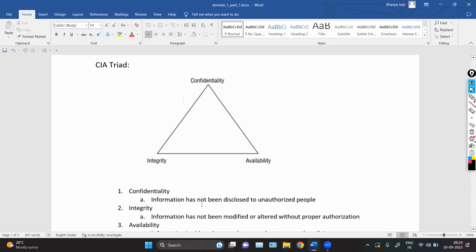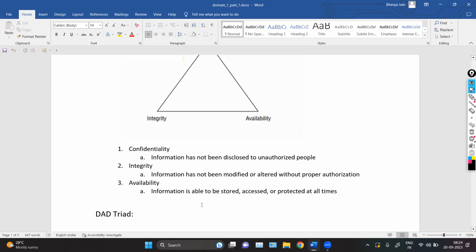So let's read the definitions. Confidentiality is that information has not been disclosed to unauthorized users, means your information should not be disclosed to any unauthorized user. Integrity is that information has not been modified or altered without proper authorization.